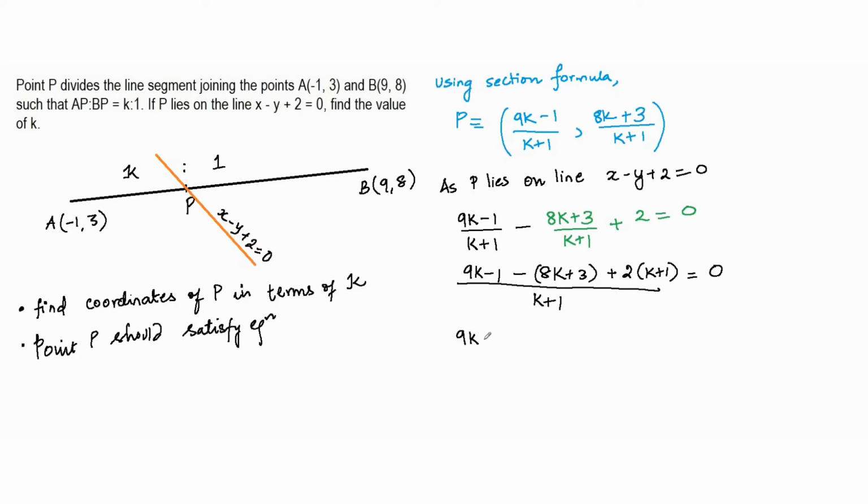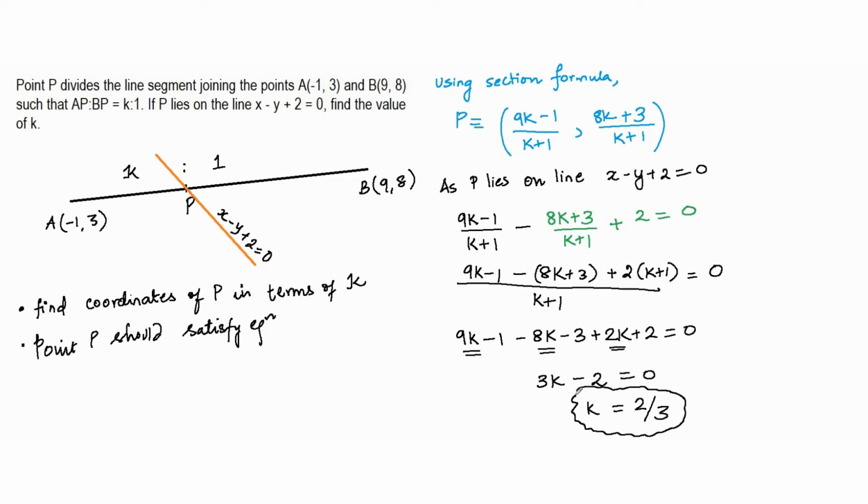This equation becomes 9k minus 1 minus 8k minus 3 plus 2k plus 2 equals 0. Now 9k minus 8k is k, and k plus 2k is 3k. Minus 1 minus 3 is minus 4. Minus 4 plus 2 is minus 2 equals 0. Solving this, I get the value of k as 2 by 3. So this is the value of k.